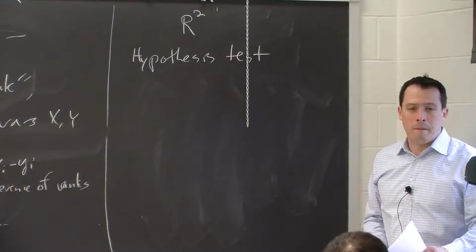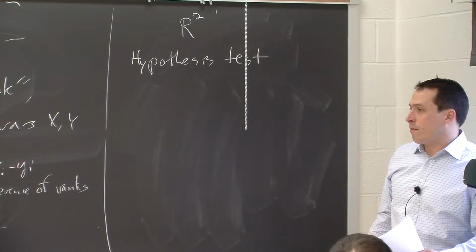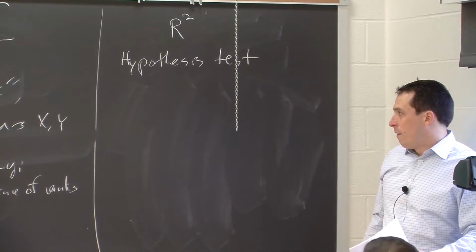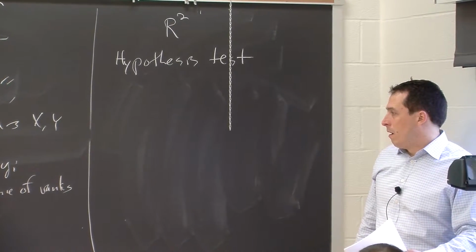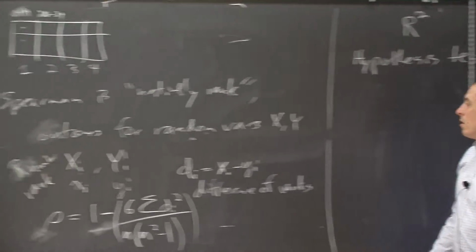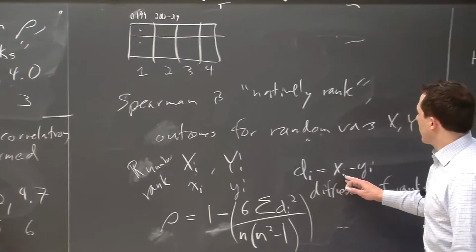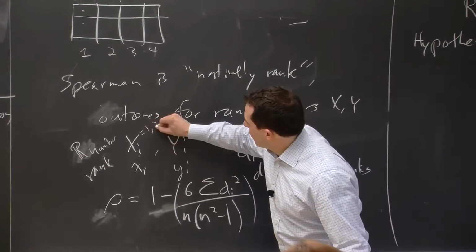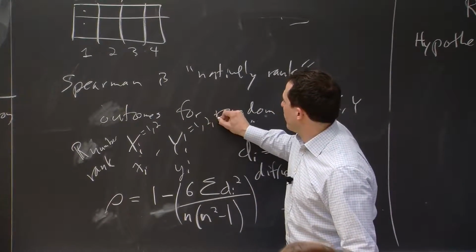So if we have x and y as the variables on the table, wouldn't that imply that the table is always square, since di is xi minus yi? Well, no. x might only be 1 or 2, and y might be 1, 2, 3, 4.